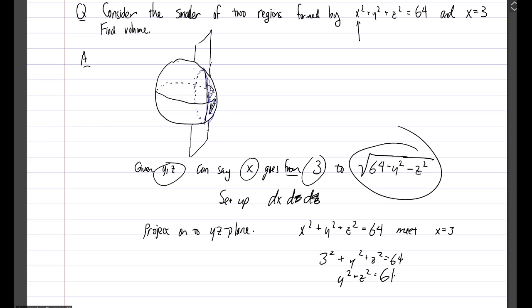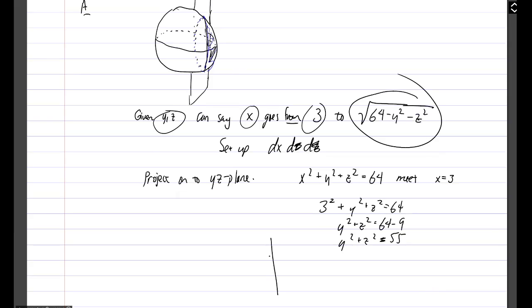Yeah, so we're on, oh my goodness, need to subtract 9. So 64 minus 9, in other words, y squared plus z squared is equal to 55. So what we end up projecting onto the yz plane, so let's say there's y there and z there, is a filled in circle of radius root 55.